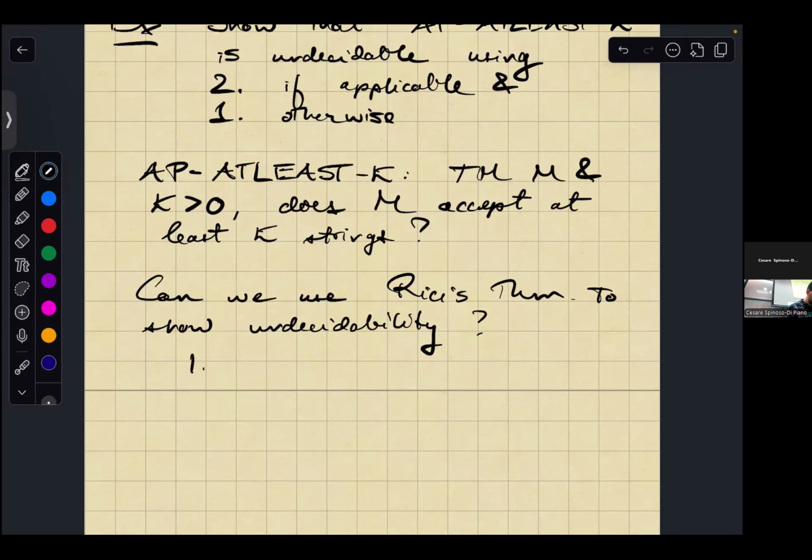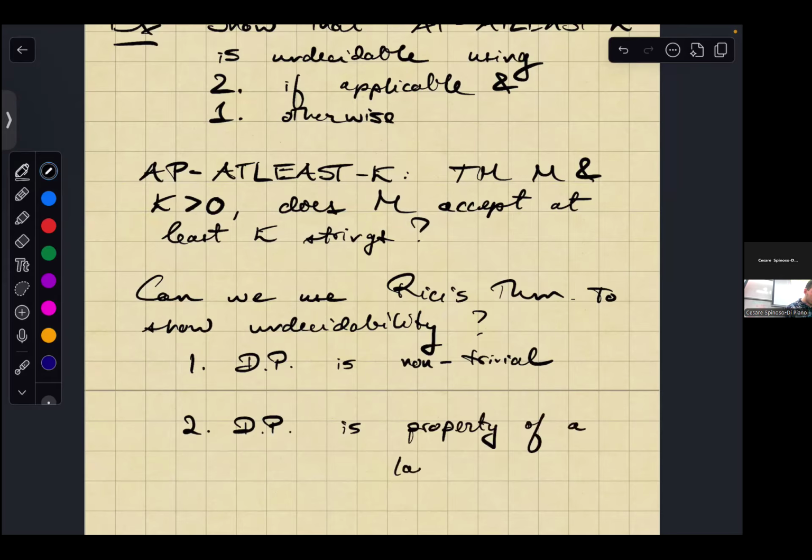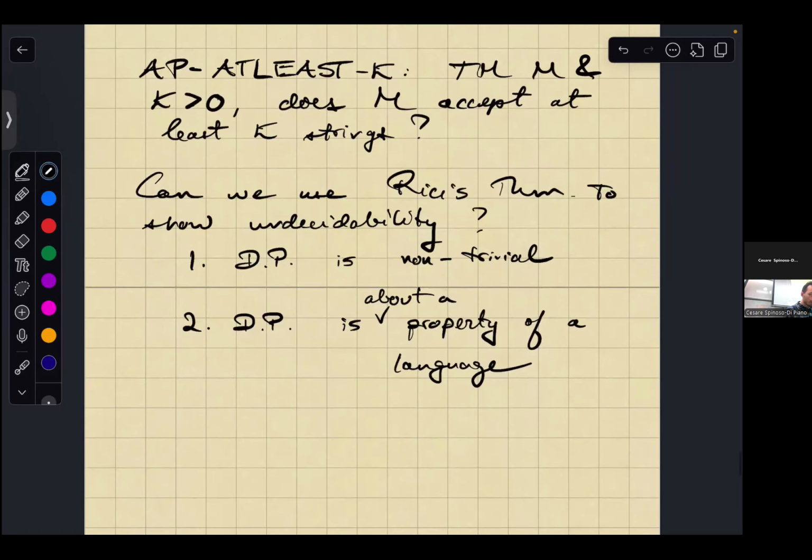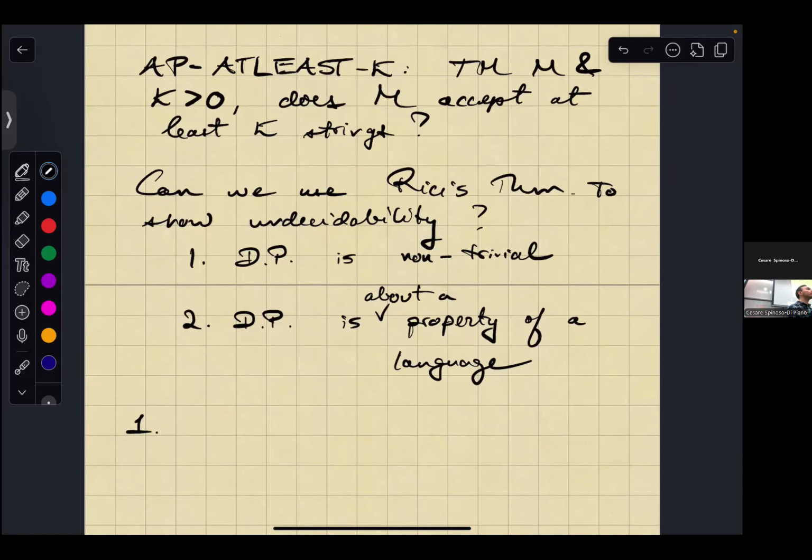First of all, the decision problem is non-trivial, so there's at least 1 yes instance and at least 1 no instance. And the decision problem is about a property of a language. The first condition is going to be pretty easy to check. So this definitely is a non-trivial decision problem.